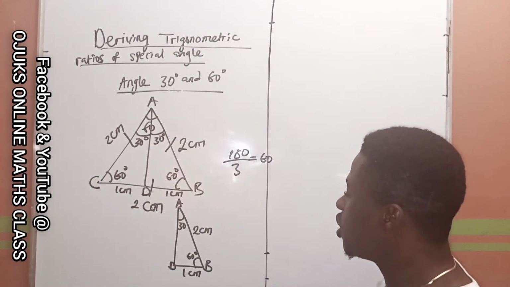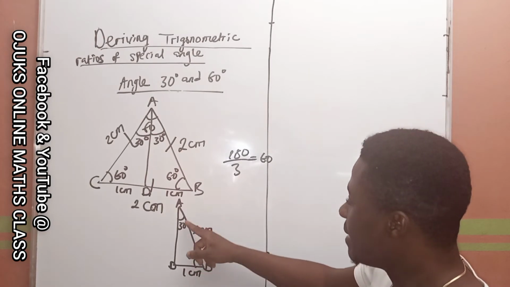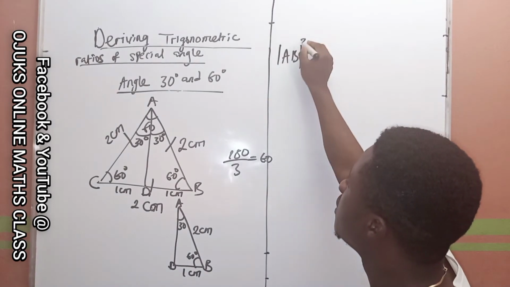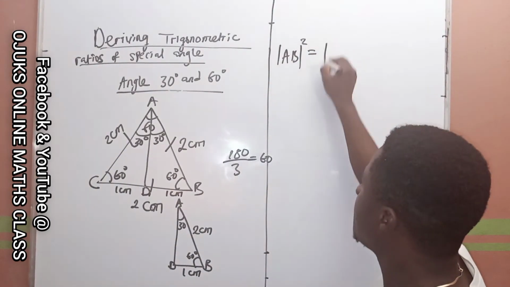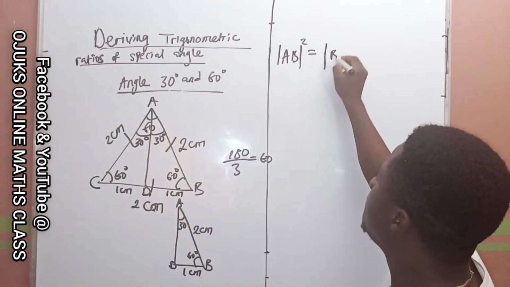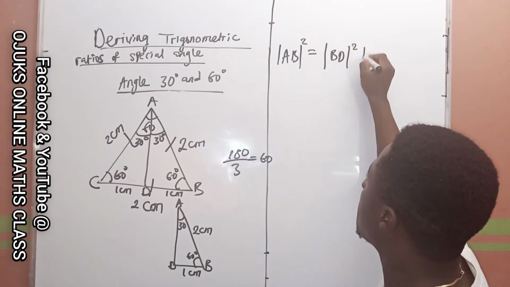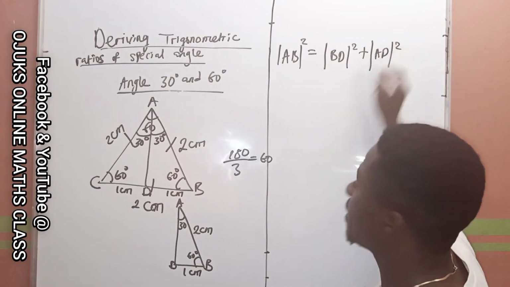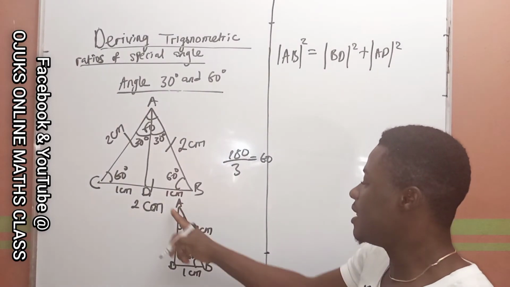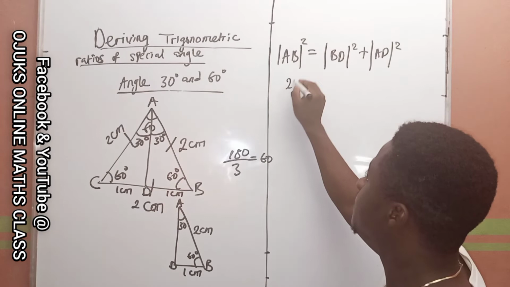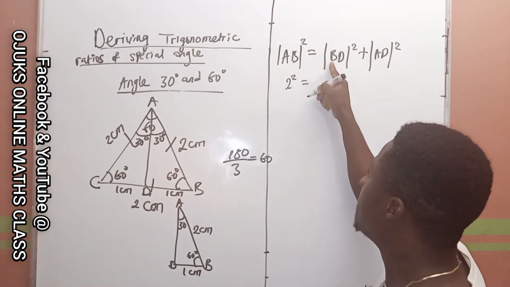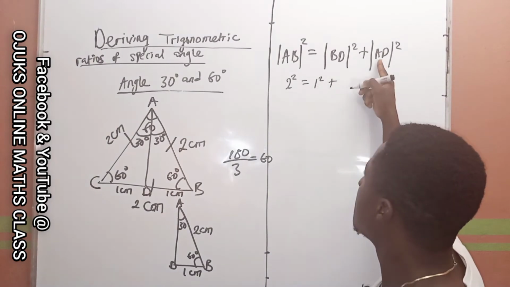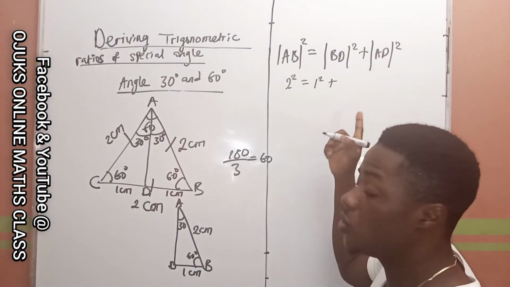Under Pythagoras theorem, we have it that line AB squared should be equal to line BD squared plus line AD squared. So line AB squared is 2 squared, equal to line BD squared, which is 1 squared, plus line AD squared, which is unknown. What is that unknown?